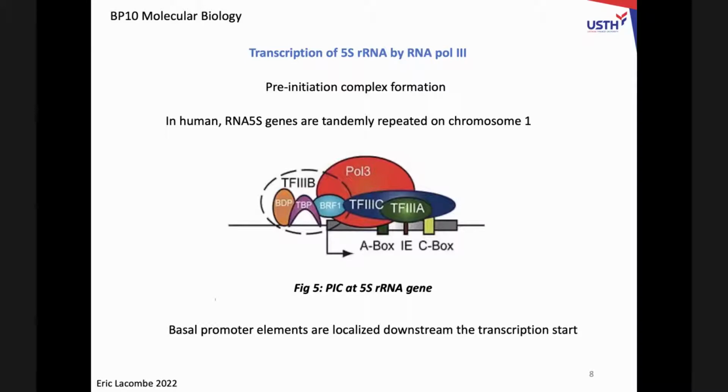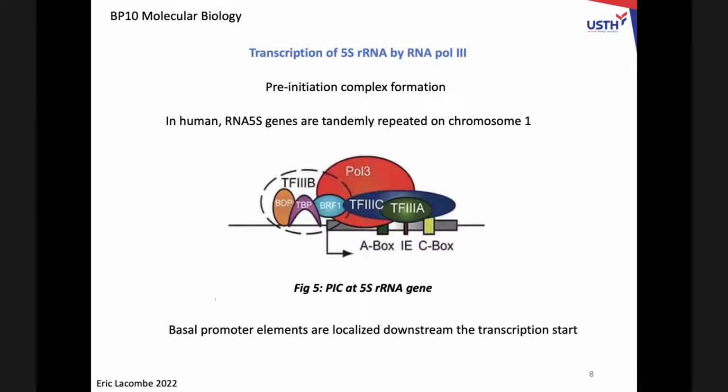What you say makes completely sense. Actually, all the RNA polymerases, they don't start at +1. The transcription starts at +1. This is the definition. We agree with that.